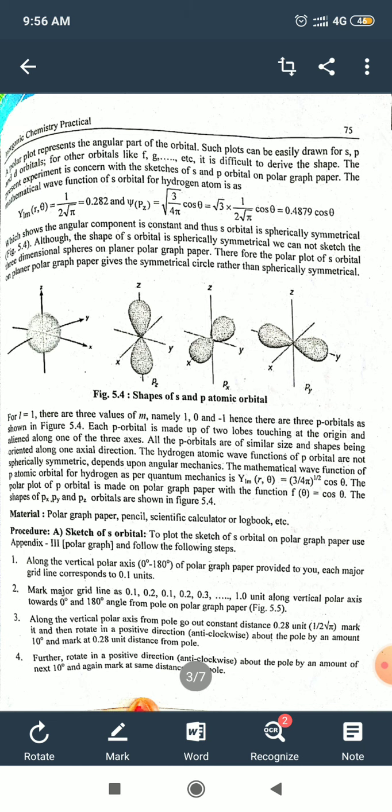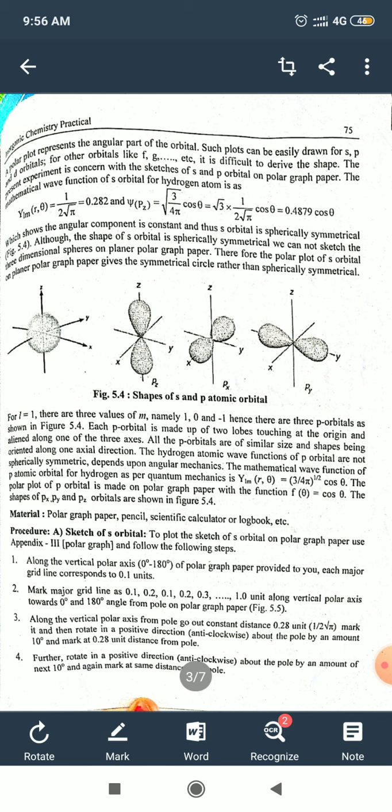The mathematical wave function of the S orbital for the hydrogen atom is psi of r and theta is equal to 1 upon 2 root pi, the value being 0.282, and psi pz is equal to root of 3 by 4 pi cos theta, which is root 3 into 1 upon 2 root pi cos theta. The value of psi is 0.4879 cos theta.